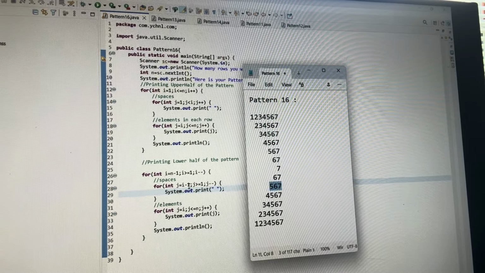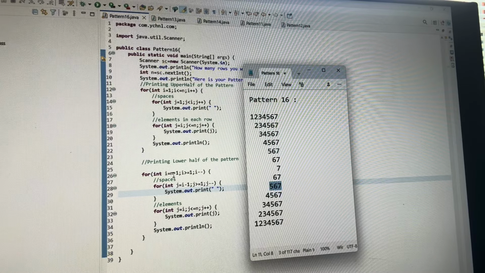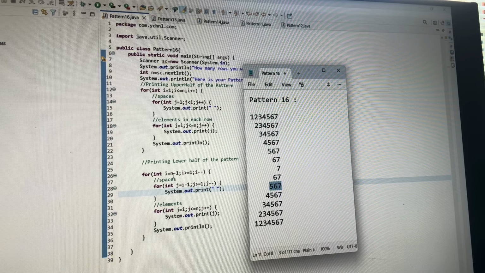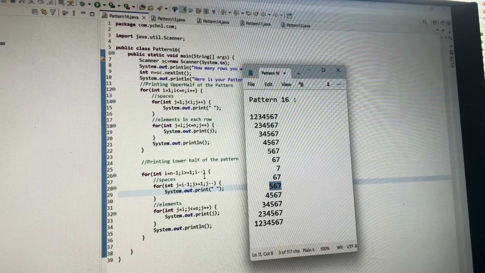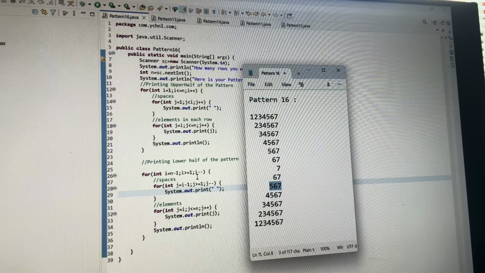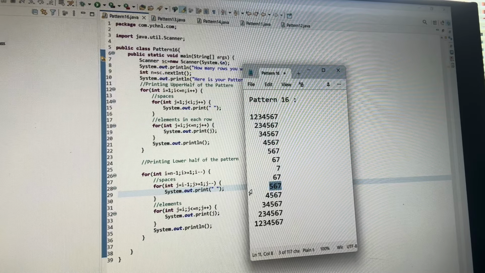So j is equal to I minus 1 means, for I equal to 6, we already discussed.